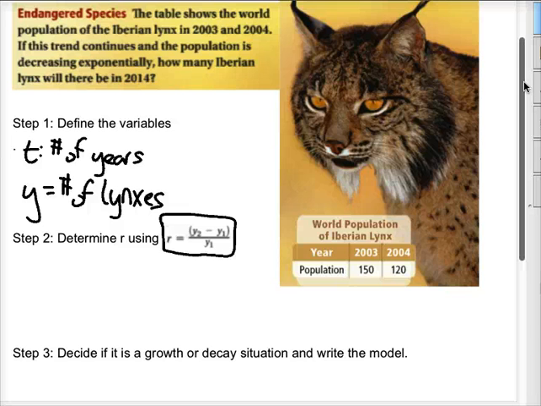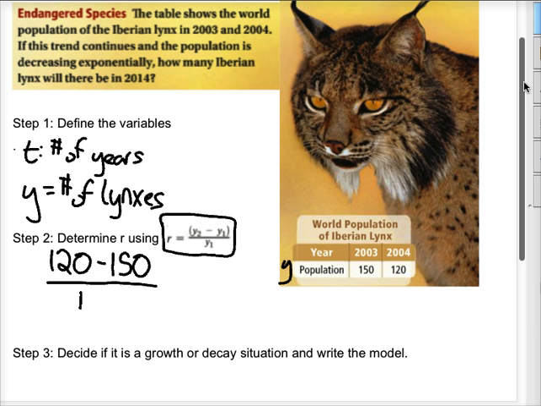So y2 minus y1. Our y values are the population, so we're finding the percent change in the population. We take the second value, subtract off the first value, and then divide by the first value.